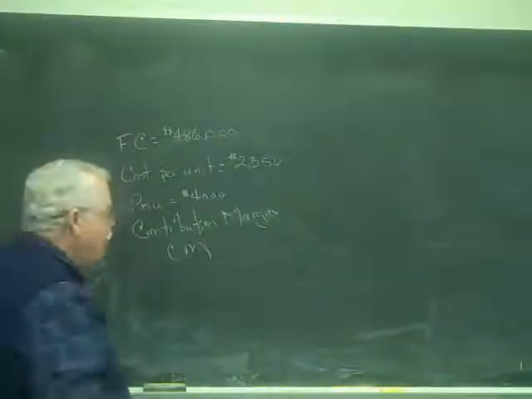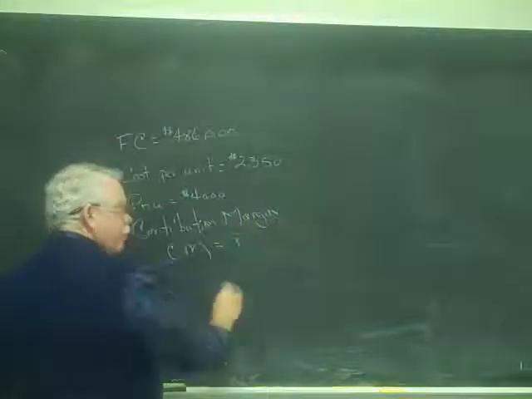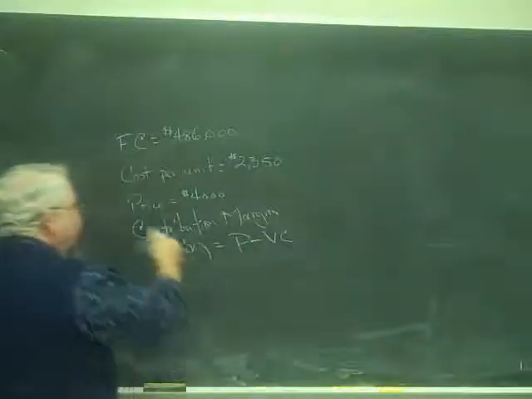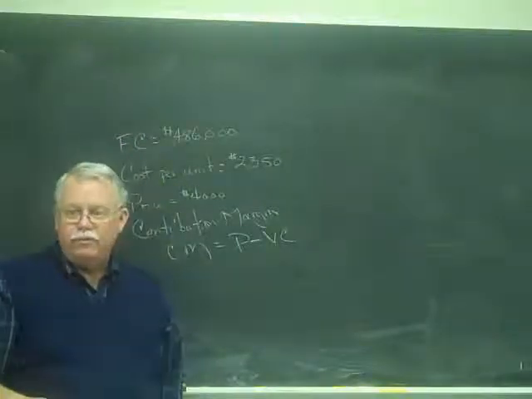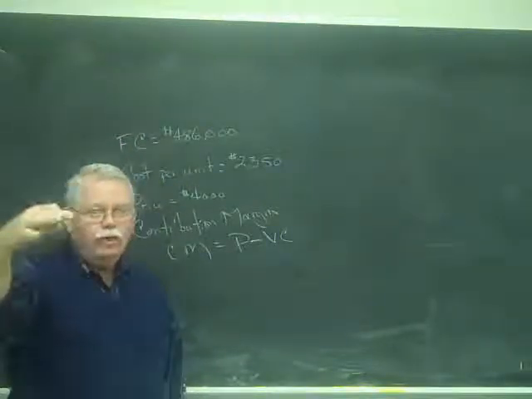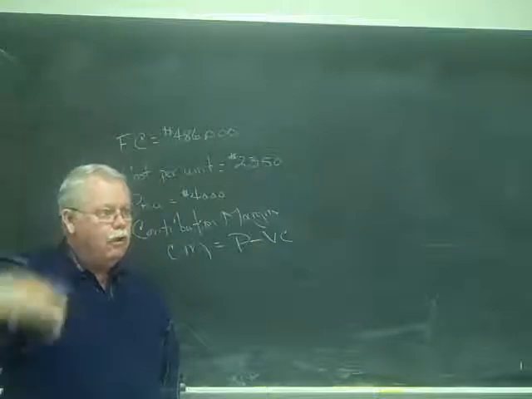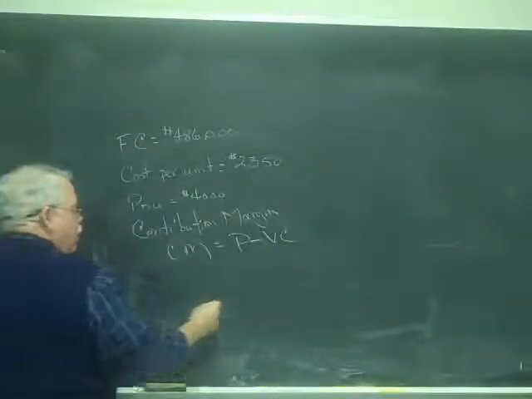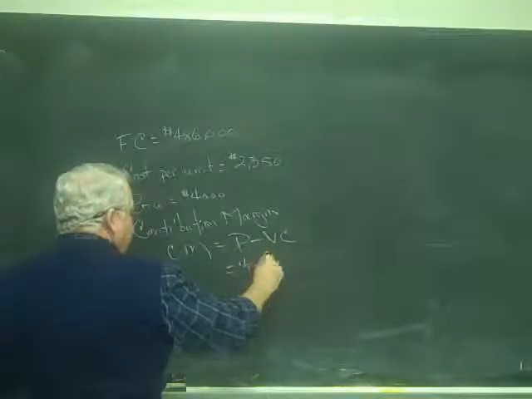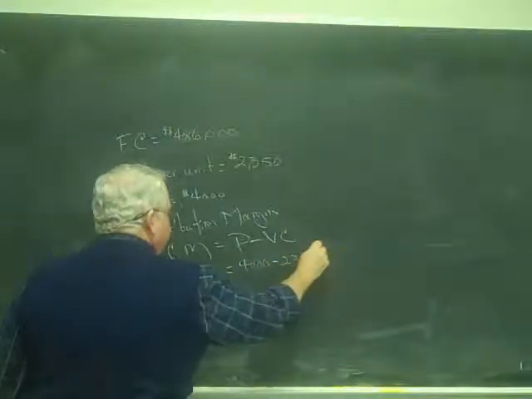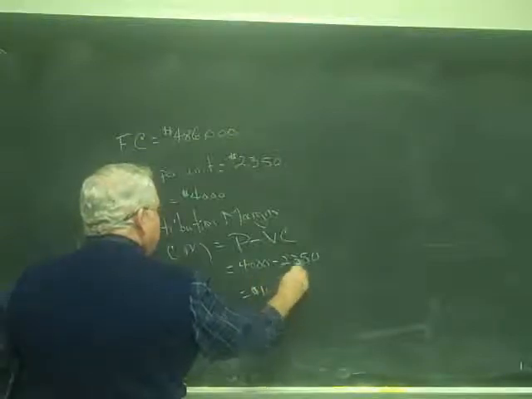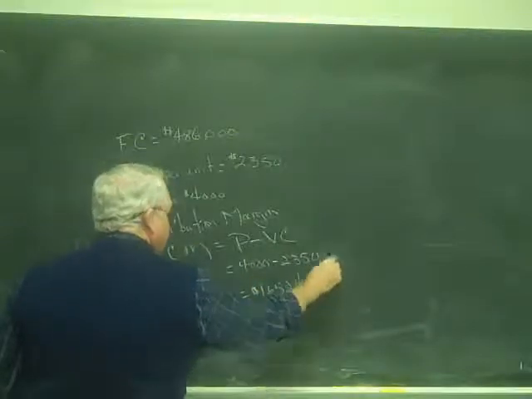The contribution margin is your price minus your variable cost. Variable cost here is $2,350. Every time you produce another unit, your cost goes up, so your cost varies with the number of units you produce. So your contribution margin is $4,000 minus $2,350, which is $1,650 per unit.